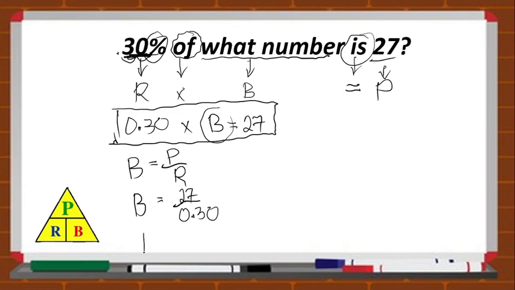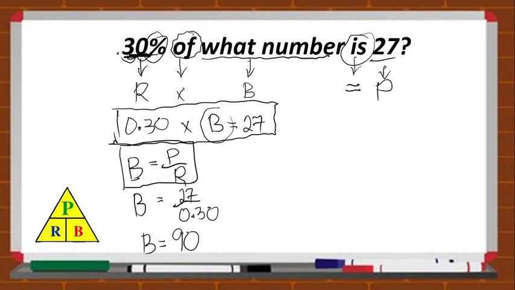If we divide 27 by 0.30, the answer will be 90. So here, the missing element is B. To get the value of base, all we have to do is follow this formula: base is equal to P divided by R.